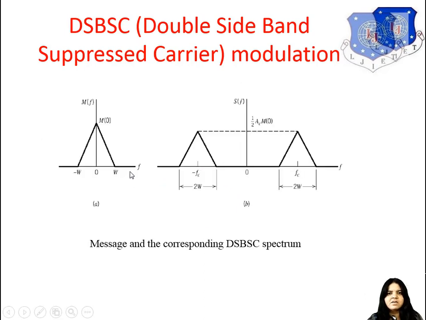So this is again the suppressed carrier modulation diagram. This is the original spectrum of the message. In the frequency domain, it is represented by M(f), having the bandwidth from −W to W. This bandwidth is 2W, and this is the 1/2 Ac M0.